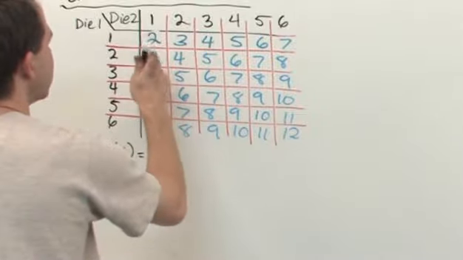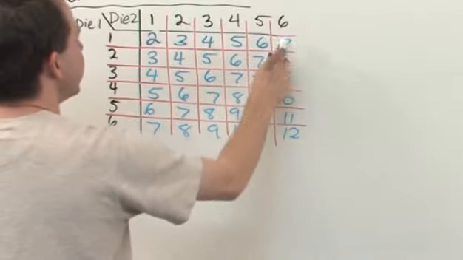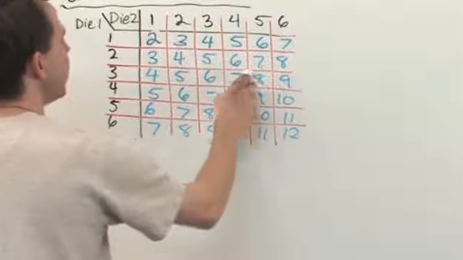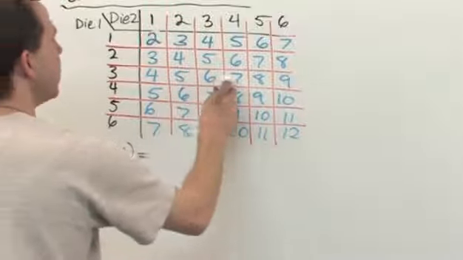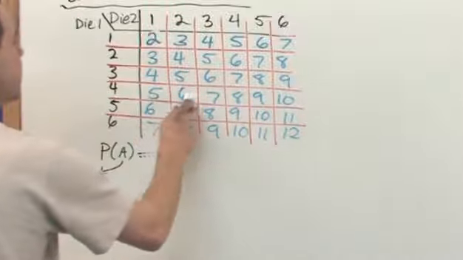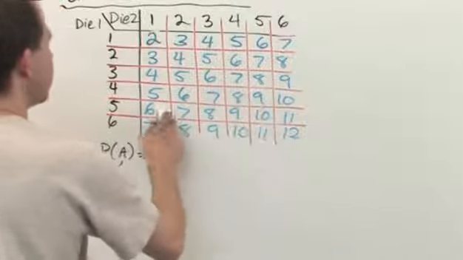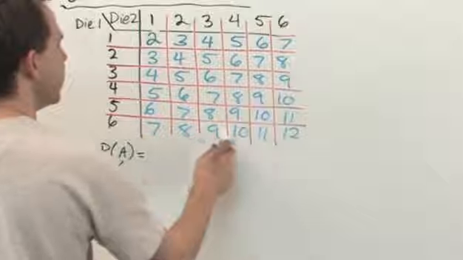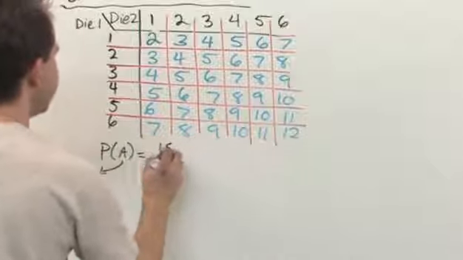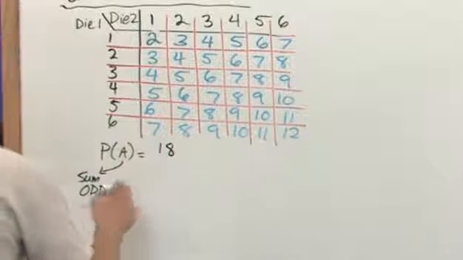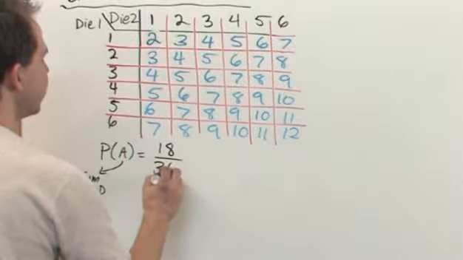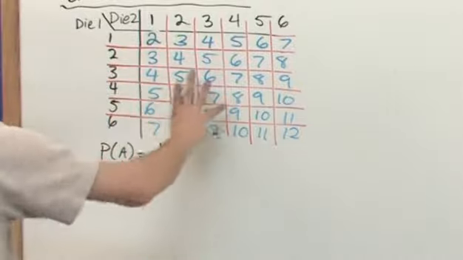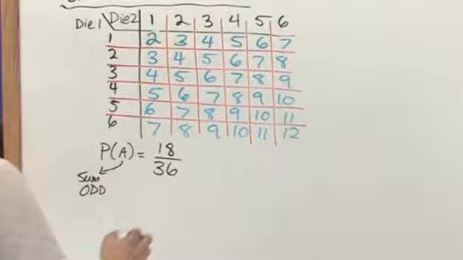You have 1, 2, 3, 4, 5, 6, 7, 8, 9, 10, 11, 12, 13, 14, 15, 16, 17, 18. 18 successful ways to get an odd sum over 36 possible outcomes. 6 times 6 is 36 possible outcomes, so 18 over 36.